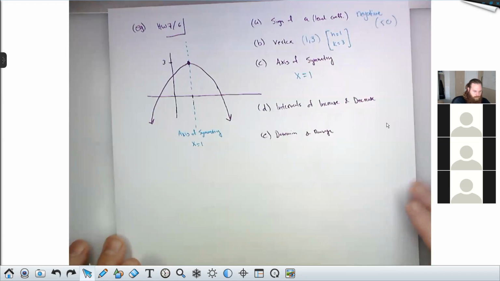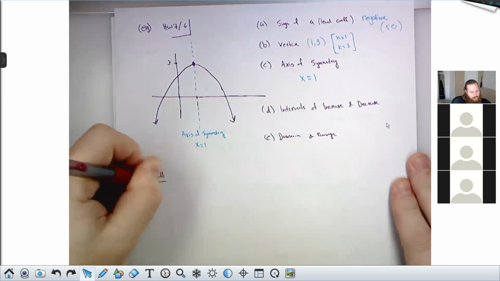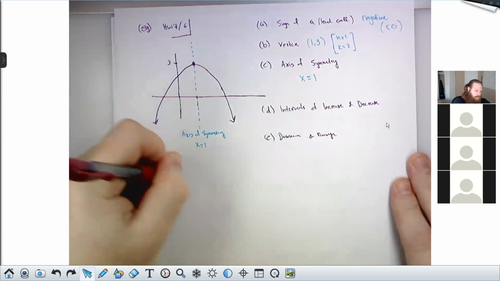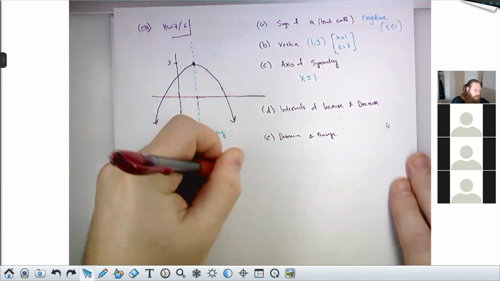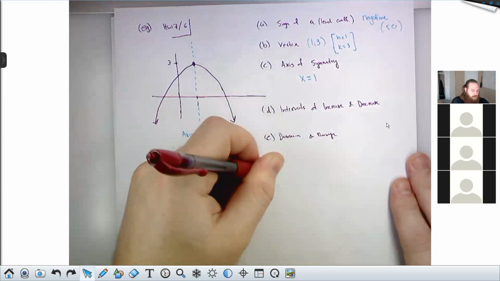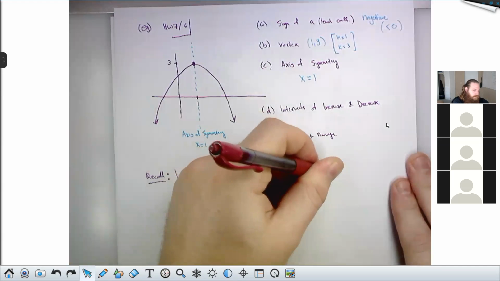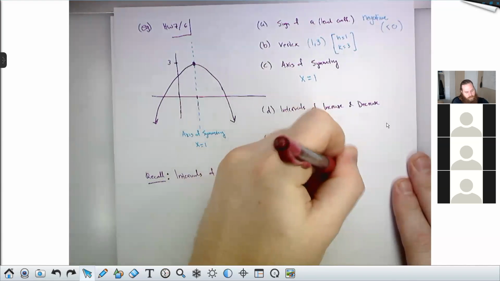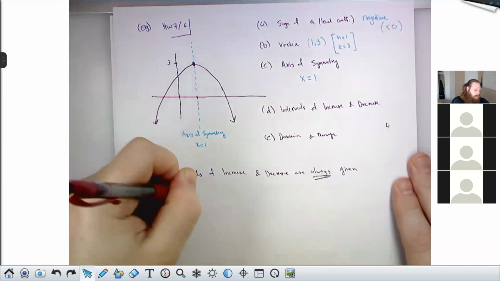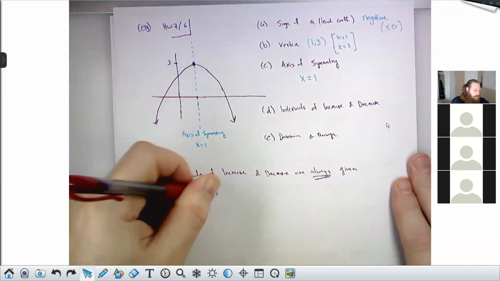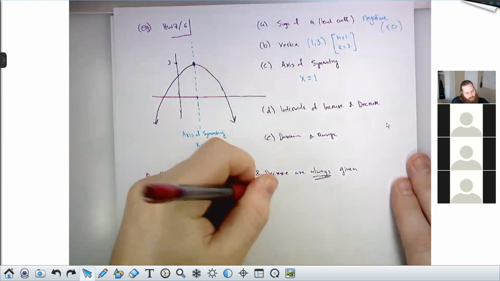It's true in interval notation, but more specifically, open intervals of x values.